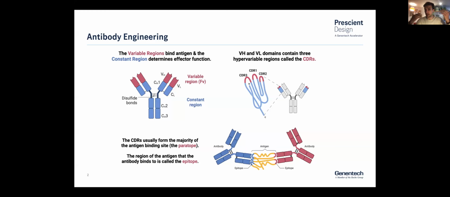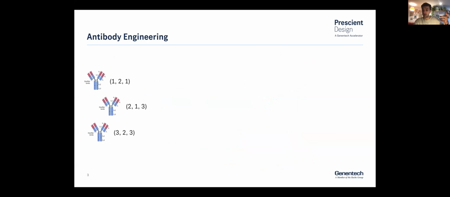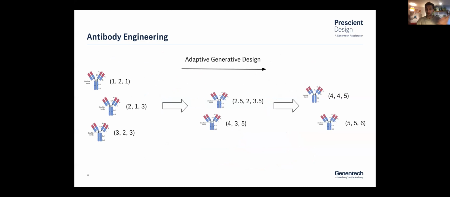Typically in traditional antibody engineering, a human will just tweak these CDR regions to try to improve binding or change other properties of the protein. So we basically want to develop a more general ML methodology to do this. We frame our particular approach within the framework of adaptive generative design, where we start with a pool of proteins.